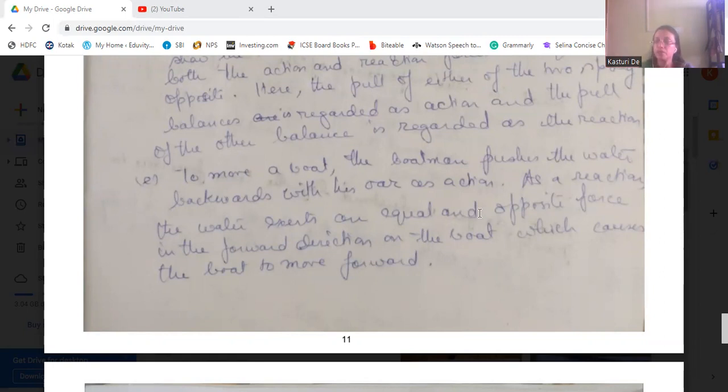So he pushes the water backward, that is the force applied on the water, and the water exerts an equal and opposite force on the boat to move it forward. Clear now? Next.